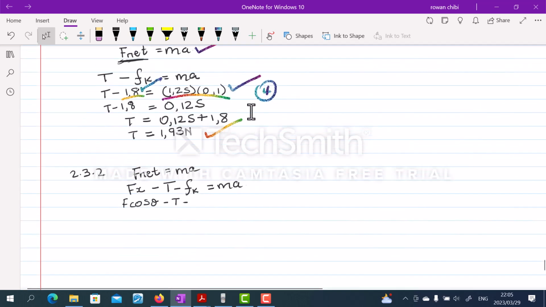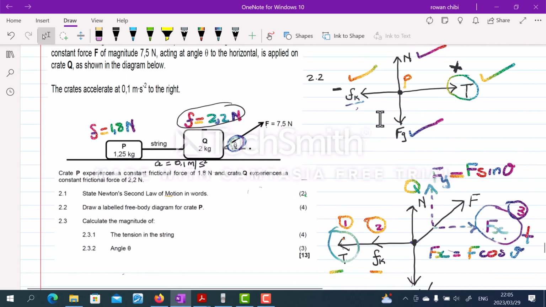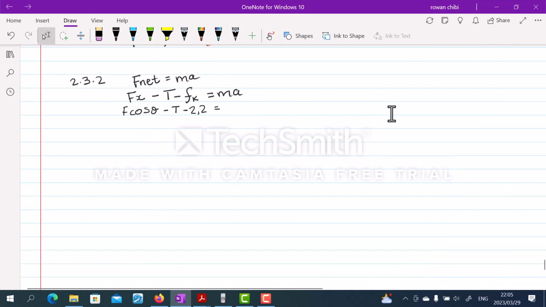So we substitute for our frictional force, which is 2.2 newtons. Then the mass of that object is 2 kg, and the acceleration is 0.1.